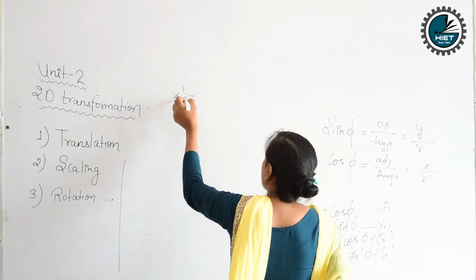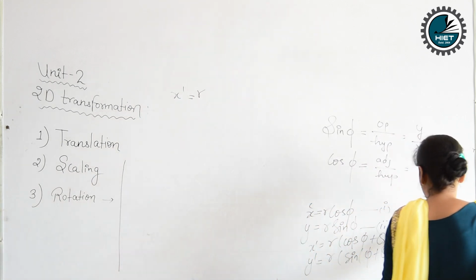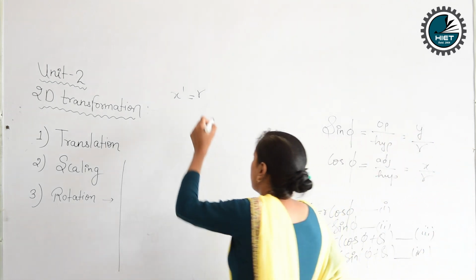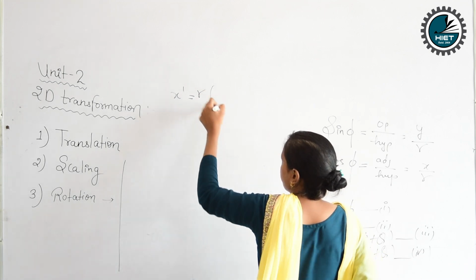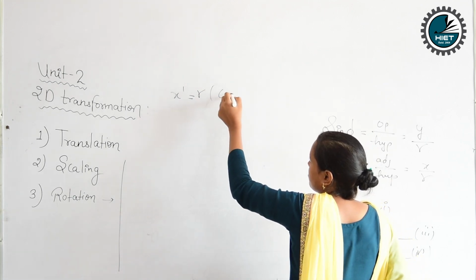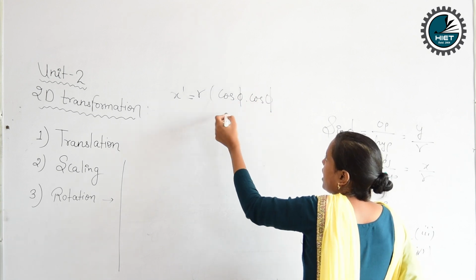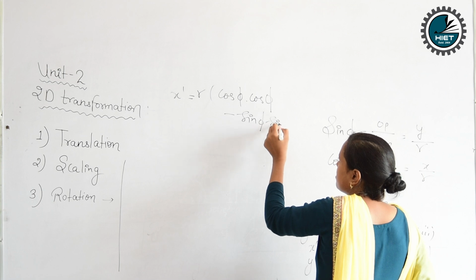So x dash will be r cos(phi plus theta), using the third and fourth equations. What is cos(a plus b)? This is cos a cos b minus sin a sin b.